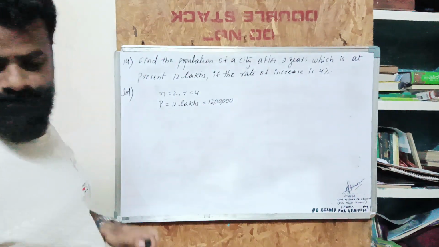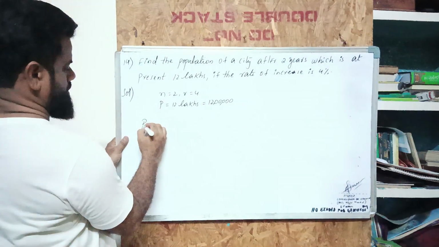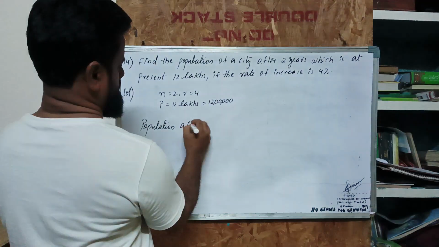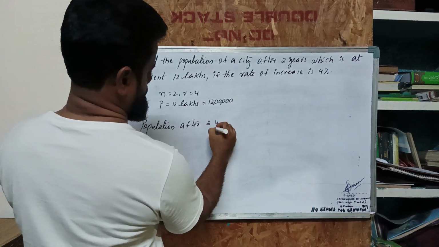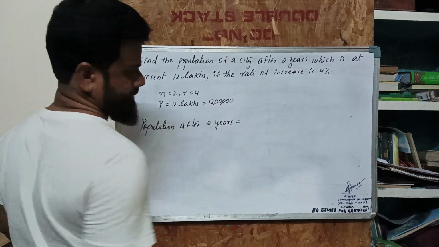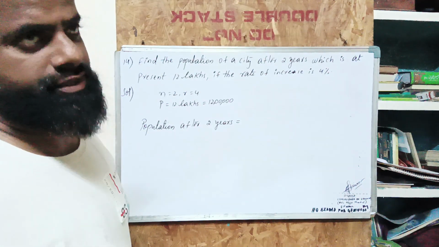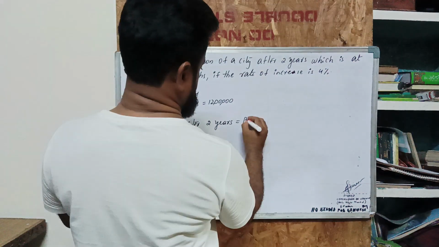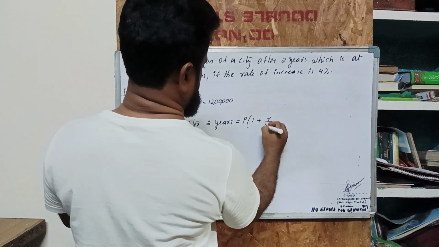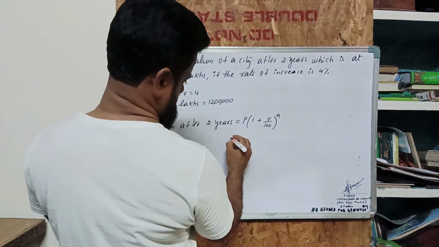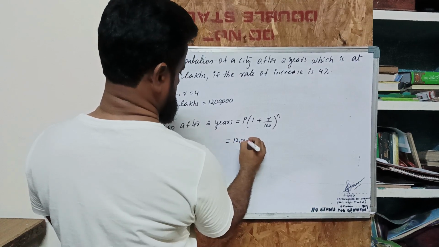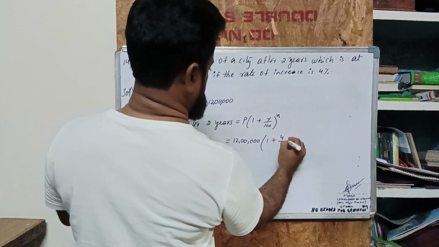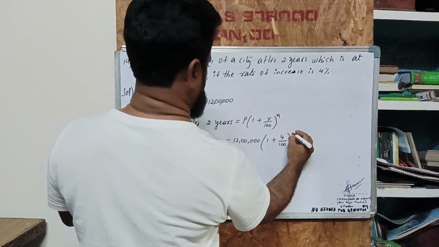Let me go directly. I am using the formula of amount is equal to principal, that is P into 1 plus R by 100 to the power of n. So now here it is 12 lakh principal, 1 plus 4 by 100 to the power of 2.